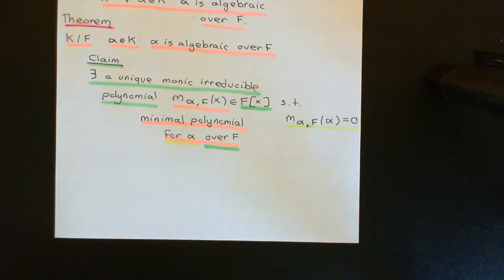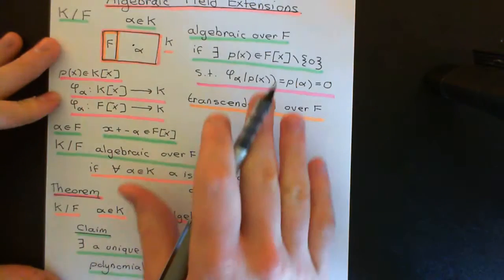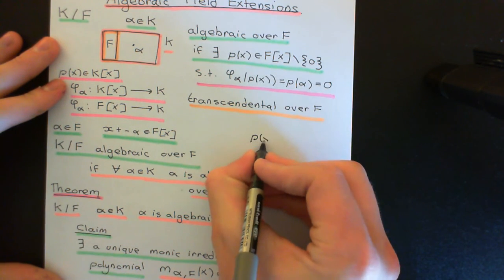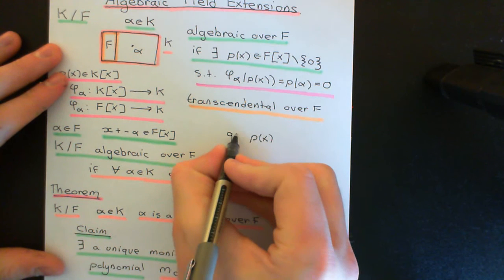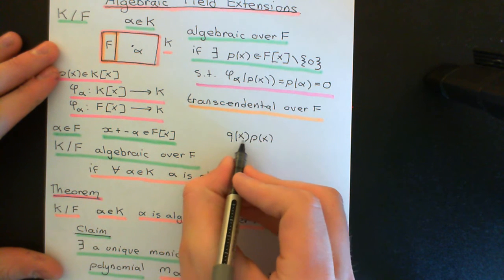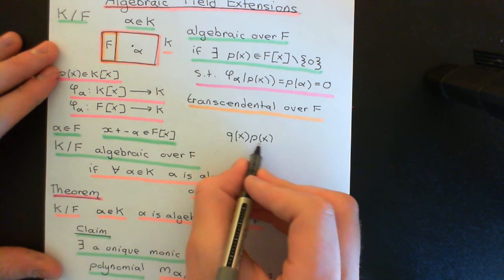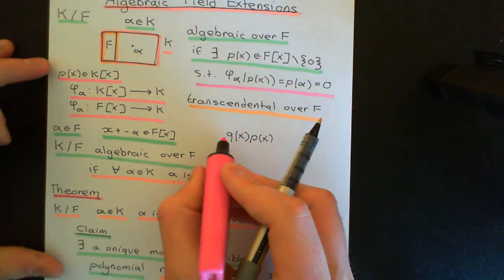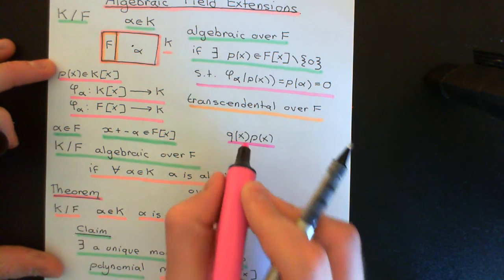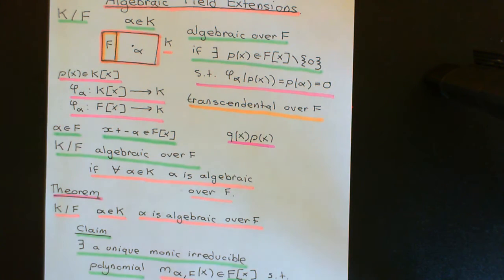The instant you have one polynomial which has alpha as a root, you have a whole bunch of polynomials which have alpha as a root, because if you take any multiple of that, going back to this definition up here of algebraic, if you multiply the polynomial p of x, which we're supposing is just some non-zero polynomial over F that has alpha as a root, by any other polynomial q of x, and we'll assume q of x is not the zero polynomial so that you don't end up getting the zero polynomial as the answer, you'll get some other polynomial which will be non-zero now, and that polynomial will also have alpha as a root.